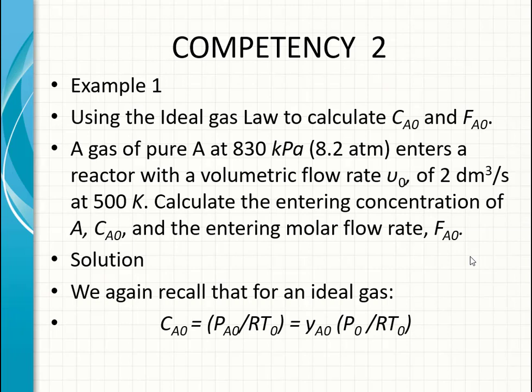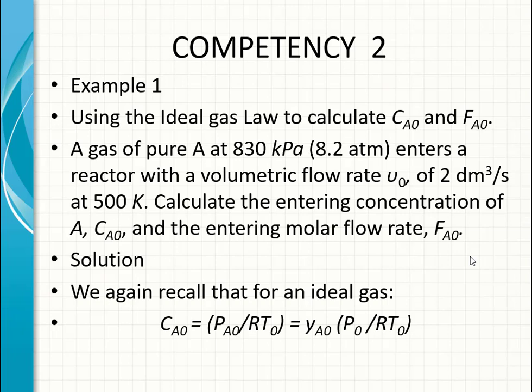A gas of pure A at 830 kilopascals, which is 8.2 atmospheres, enters a reactor with a volumetric flow rate v0 of 2 cubic decimeters per second, or 2 liters per second, at 500 K. Calculate the entering concentration of A, which is CA0, and the entering molar flow rate FA0.